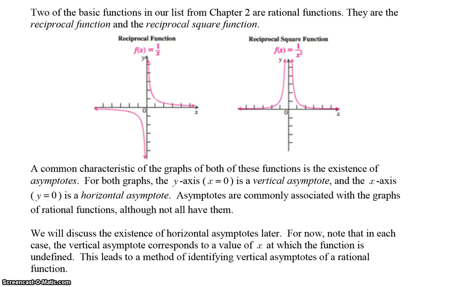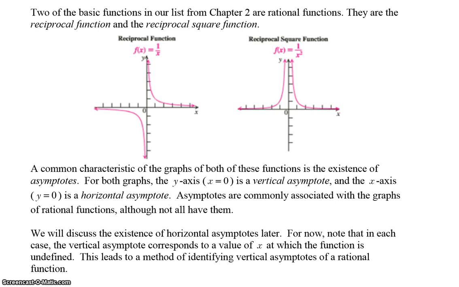Now you see the graphs shown there in the notes, and one of the things we see with rational functions very frequently is the occurrence of asymptotes, that is, lines towards which the graph gets closer and closer as x increases or as you get close to a particular value of x.